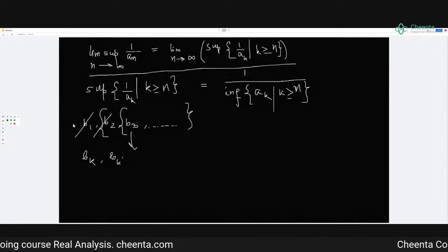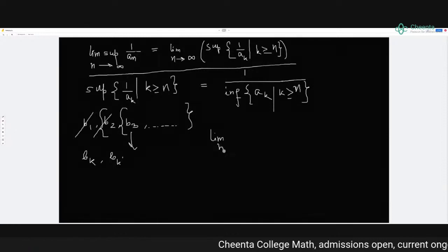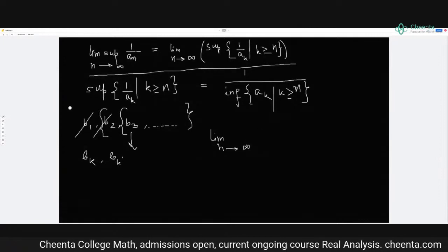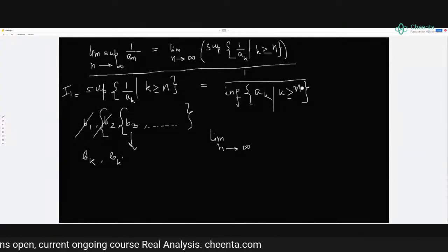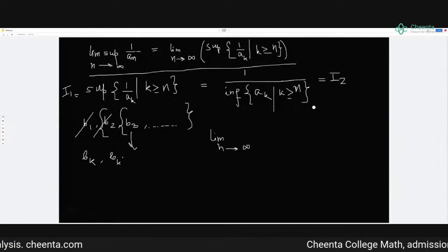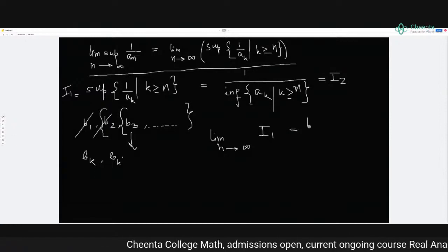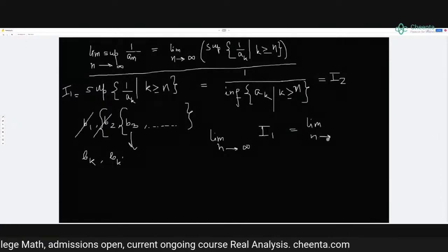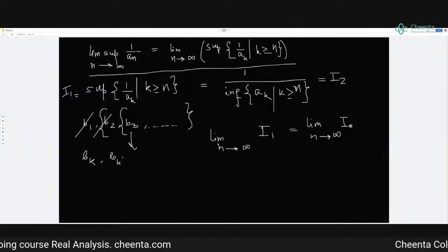Let's call this I1 and this I2. So the limit as n tends to infinity of I1 is precisely equal to the limit as n tends to infinity of I2, because set theoretically, sequentially they are the same thing.